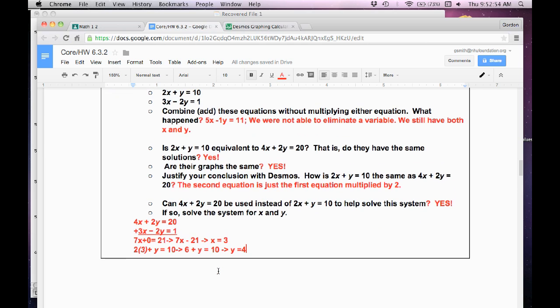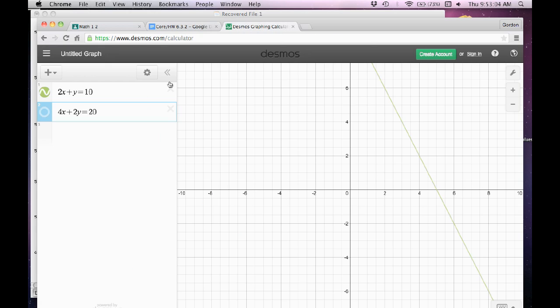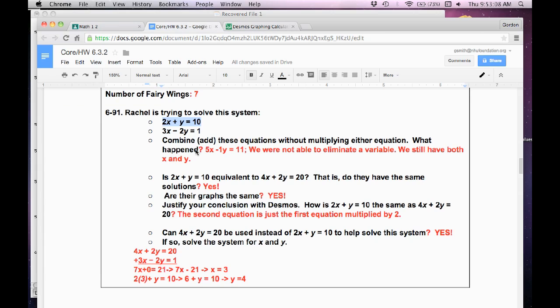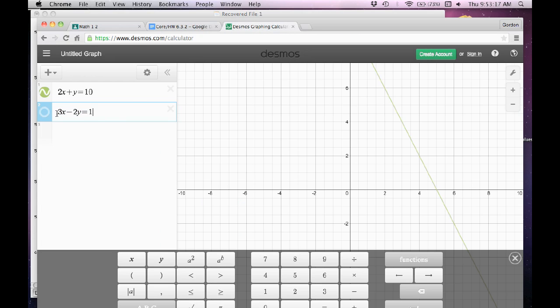All right, let's check it really quickly. We should get 3 comma 4 when we graph these two equations in Desmos. So I'll take this one, 2x plus y equals 10, and it's right there. Then I will take 3x minus 2y equals 1, and we shall look for a solution.